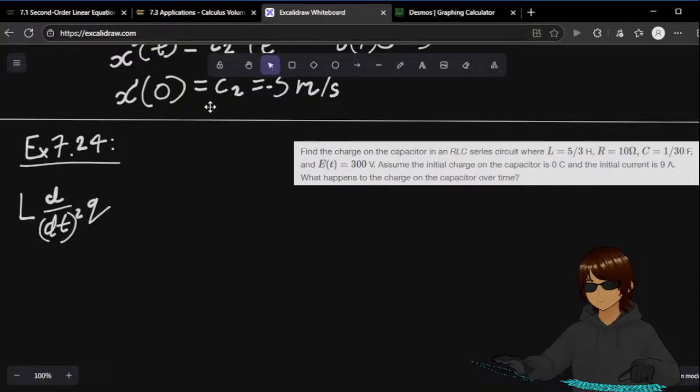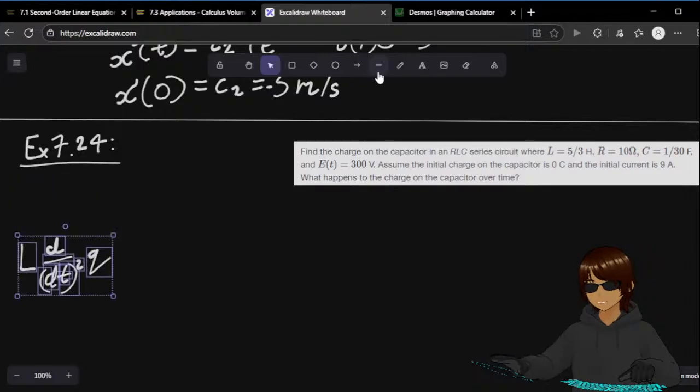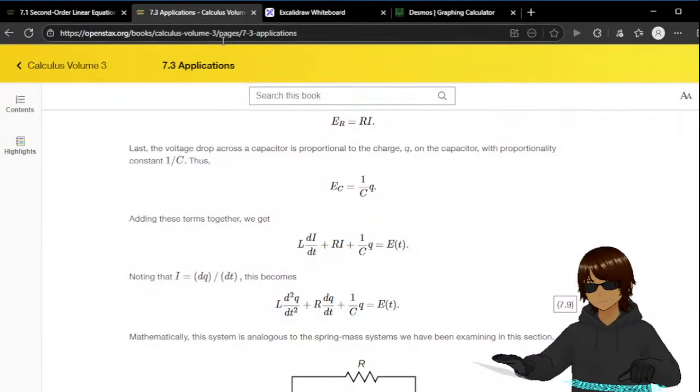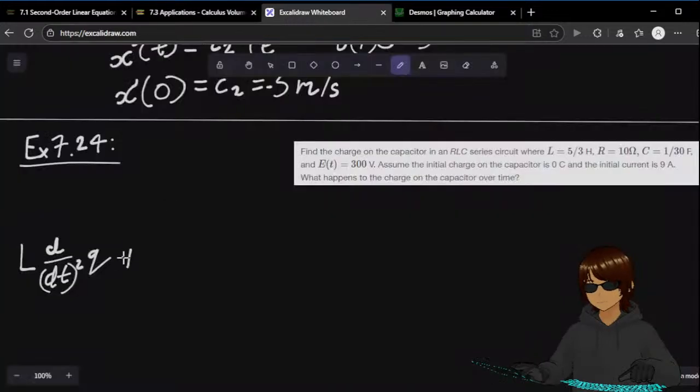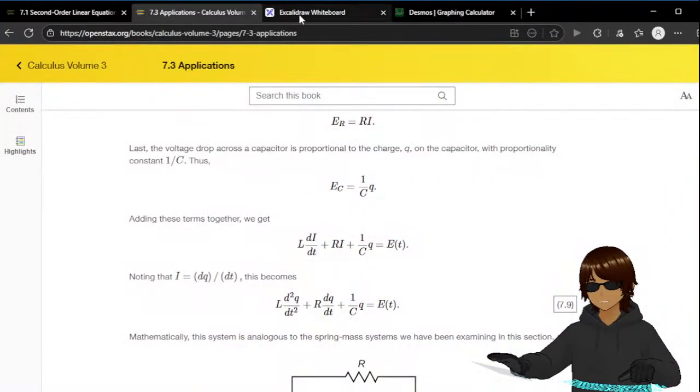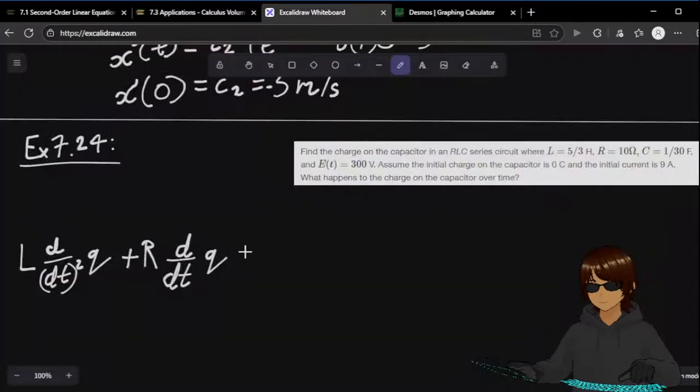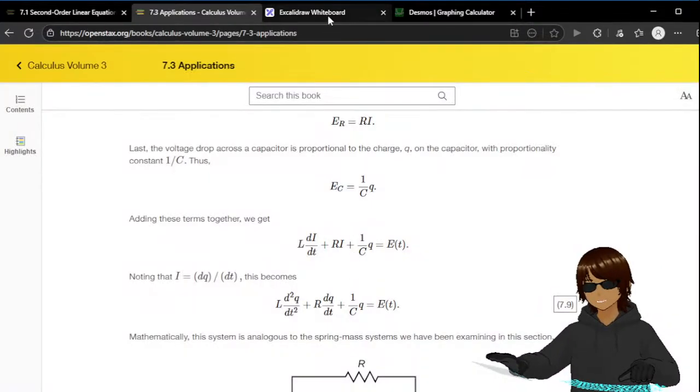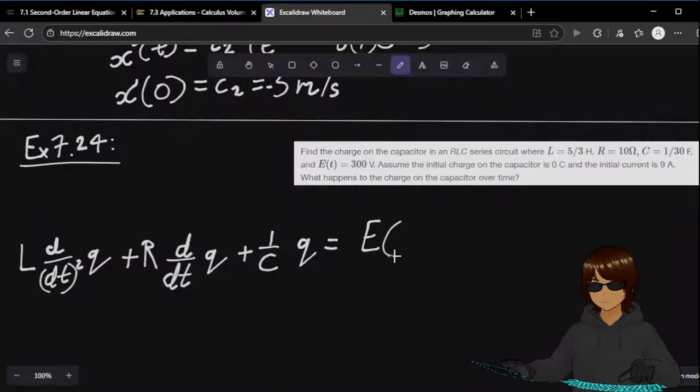L times the double derivative of Q plus R times the derivative of Q plus 1 over C times Q is equal to E(t).